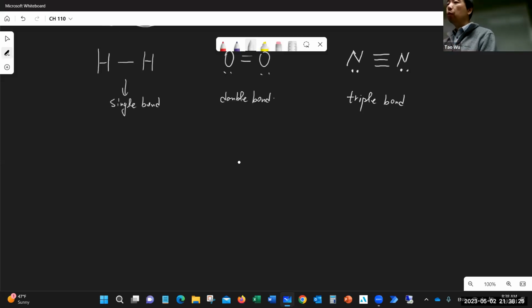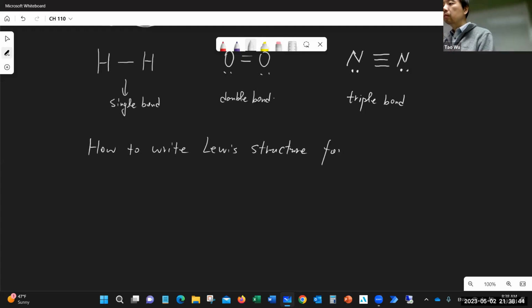That's why we're going to talk about how to write the Lewis structure for a molecular compound. How do you write a Lewis structure for a molecular compound?